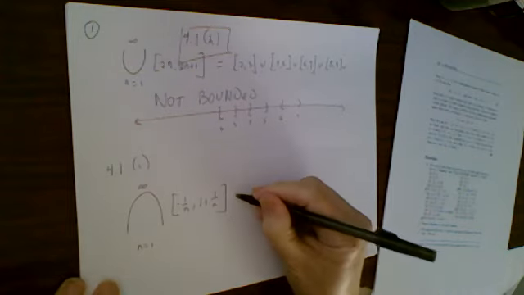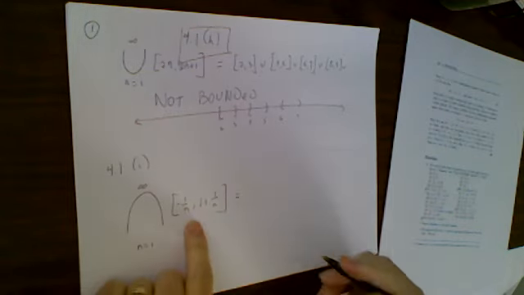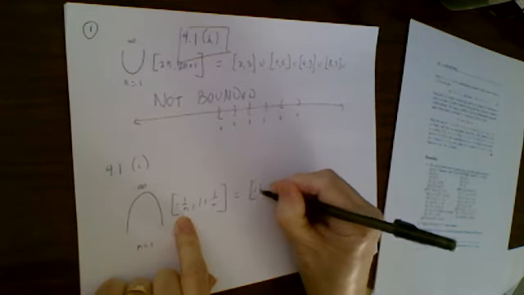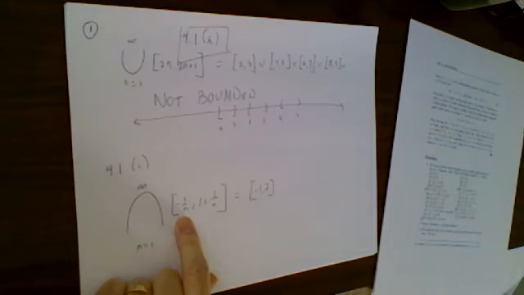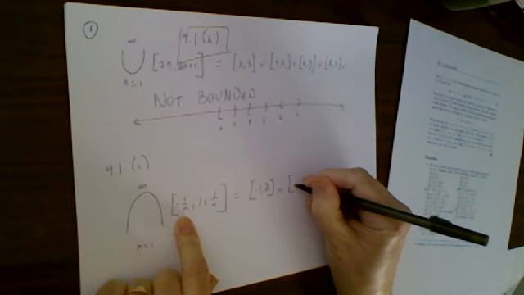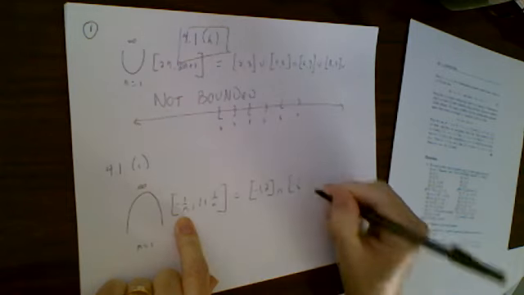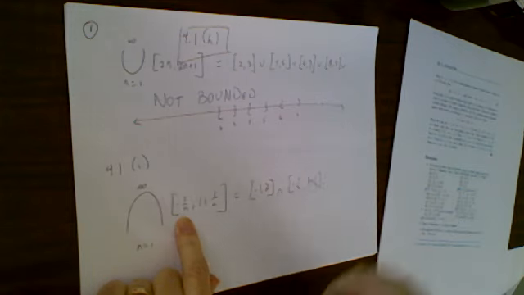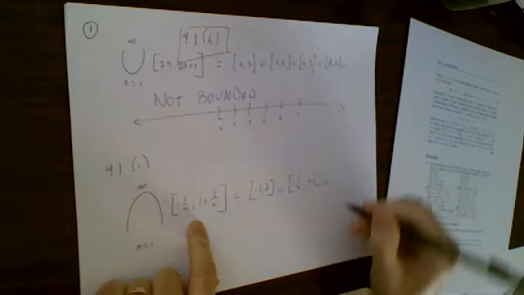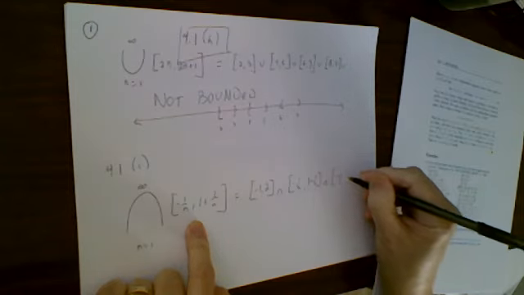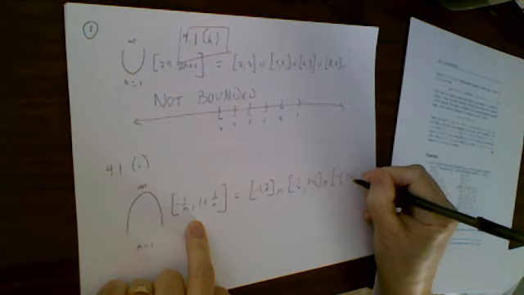So let's start writing this out. When n equals 1, this is the interval from -1 to 2. Intersection, when n equals 2, it's the interval from -1/2 to 1 + 1/2. Intersection, when n is equal to 3, it's from -1/3 out to 1 + 1/3, etc.